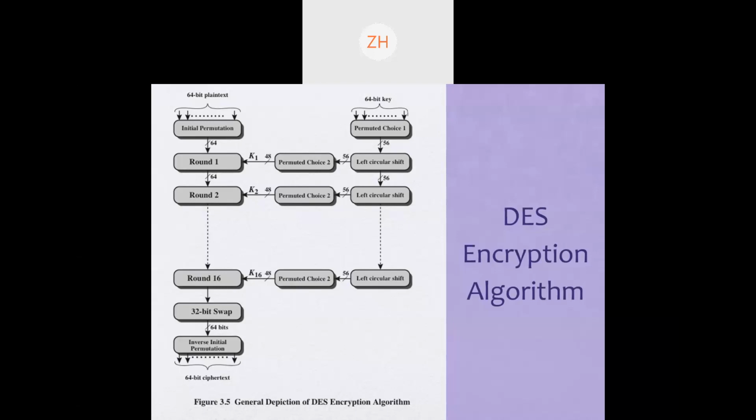Can you predict the difference now from this general structure, as compared to the Feistel block cipher?